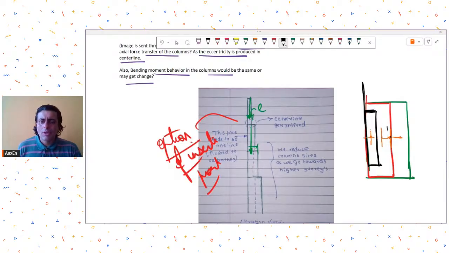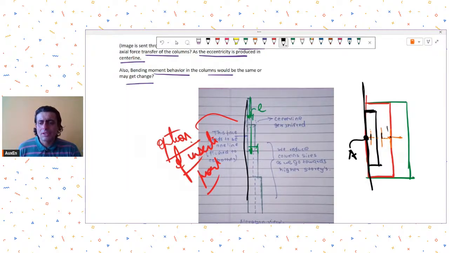So maybe you can do the insertion with respect to this side point. This point that I have marked, let's say point A, will remain concentric for all the columns till the bottom story. So I can mark the insertion point in software like ETABS over here, and all columns will be placed with respect to this point.